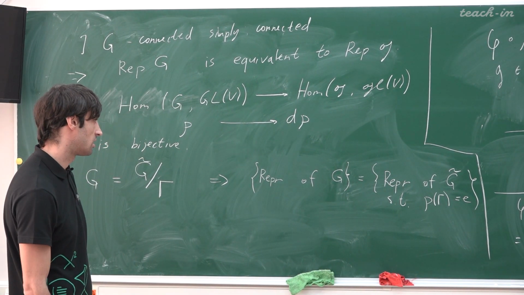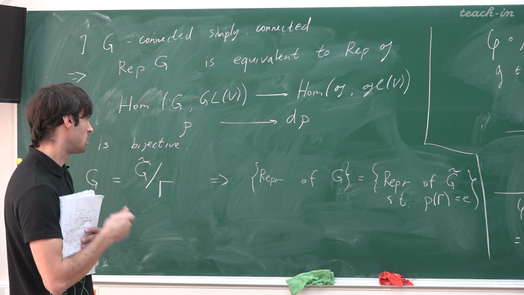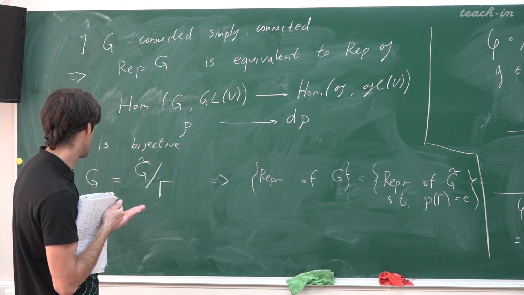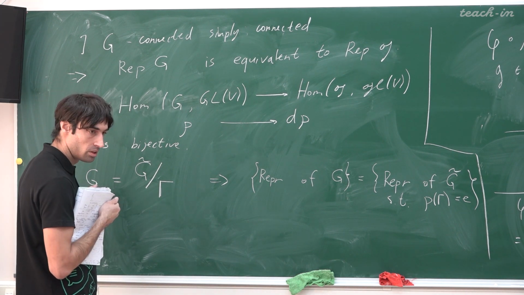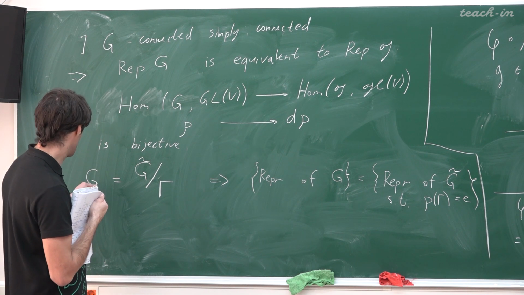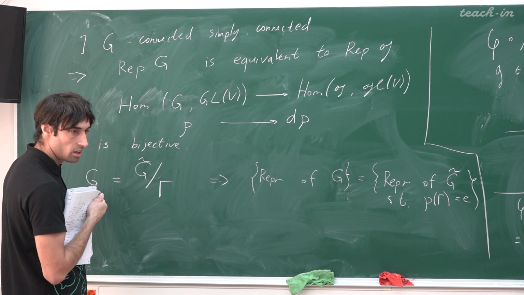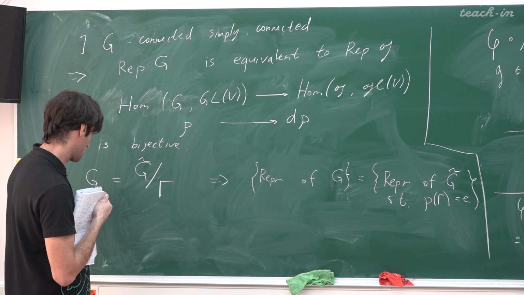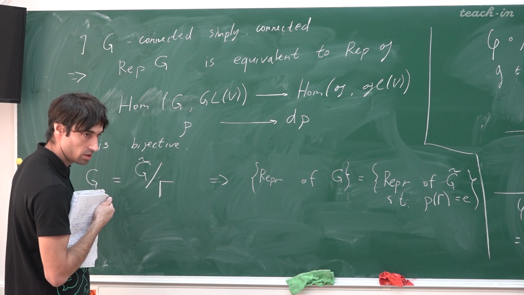Right, so the general tactic for finding representations of a Lie group: you take its Lie algebra and study representations of its Lie algebra.